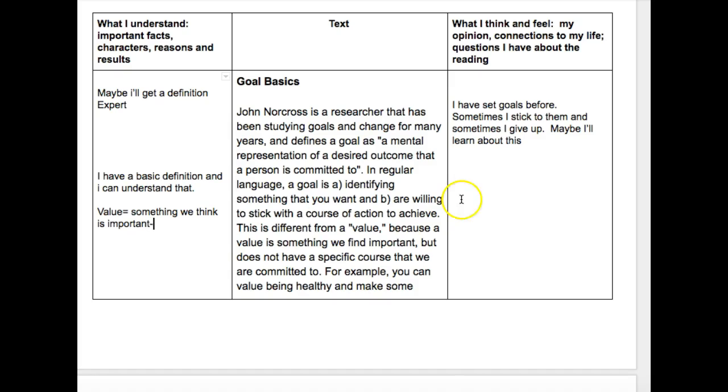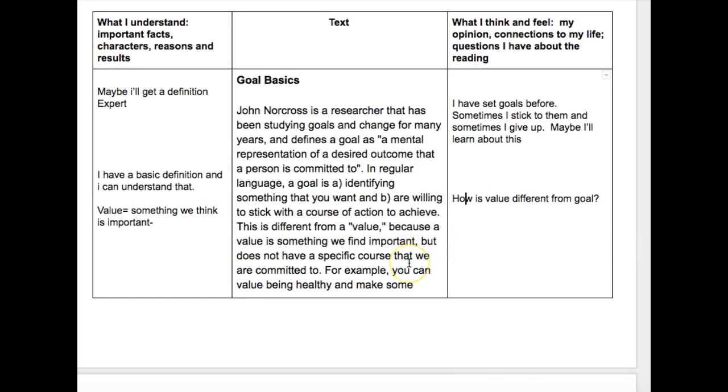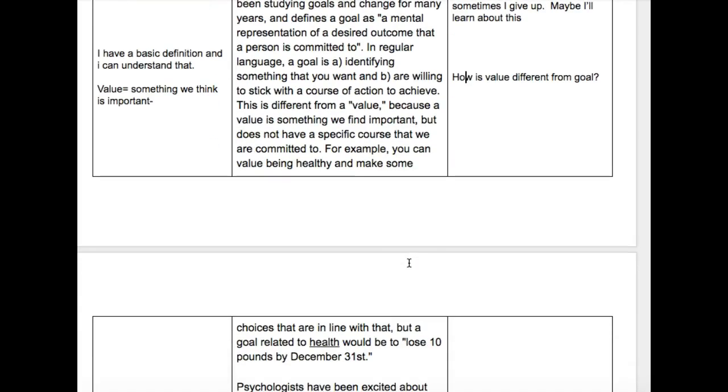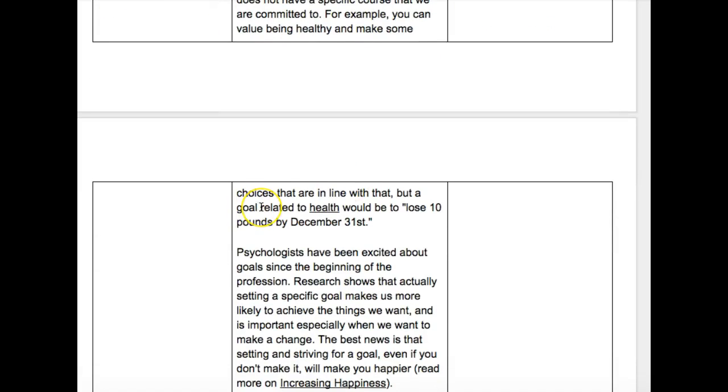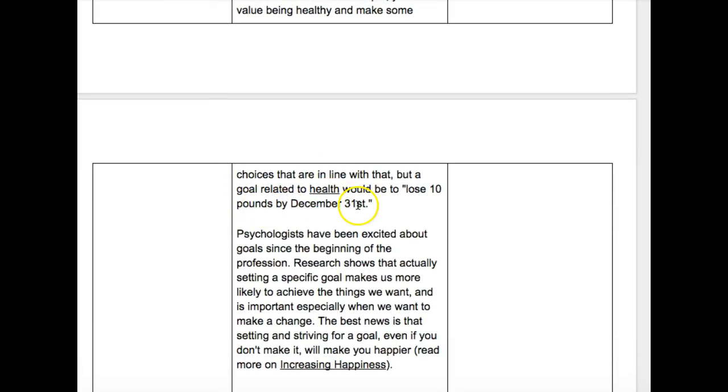So let's go over here and make a note. How is value different from goal? Okay, so here it says a value. Okay, so for example, you can value being healthy, and you can make some choices that are in line with that.